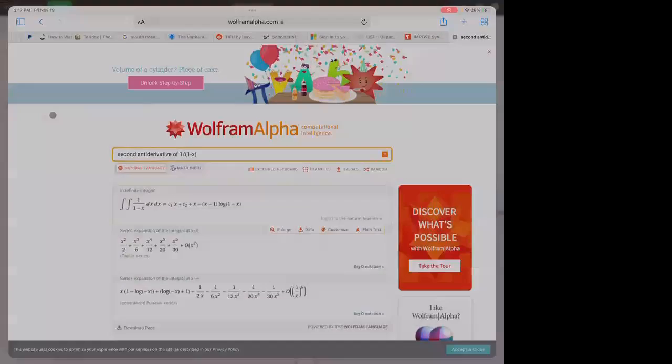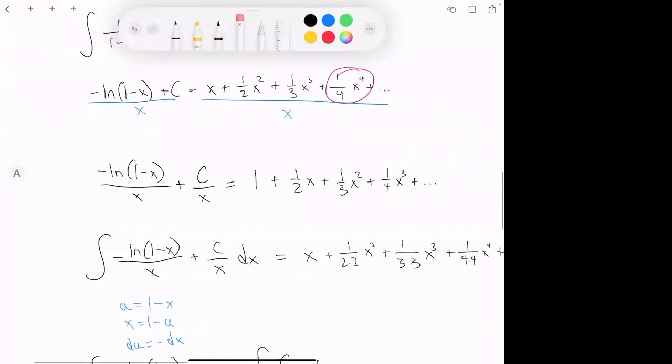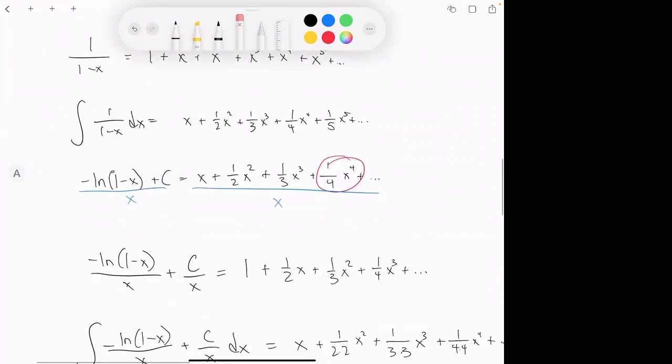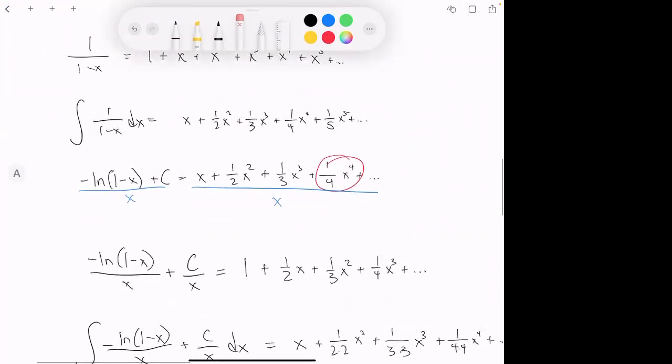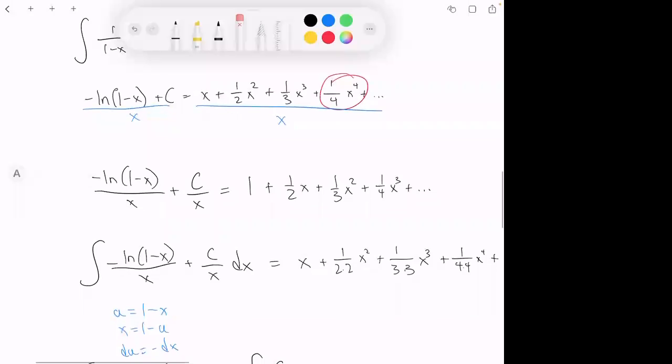We must have just made a mistake here. That's not good. The derivative of that would be 1 over 1 minus x times negative 1, which would be that. Okay.